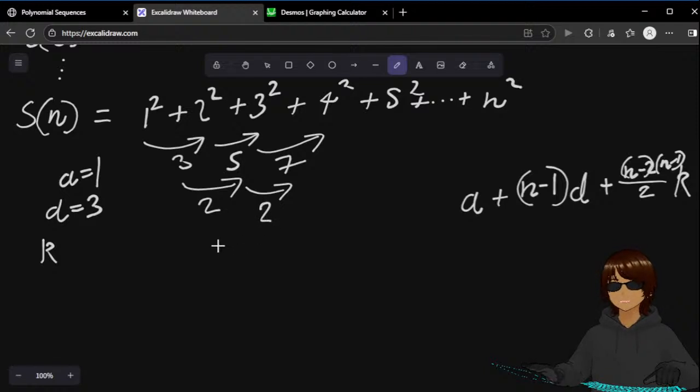But the thing I'm wondering is, why does the sum of squares follow this formula? Hold on. I think I already derived it before.